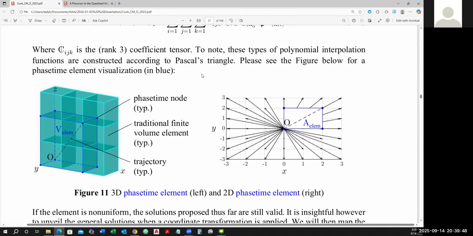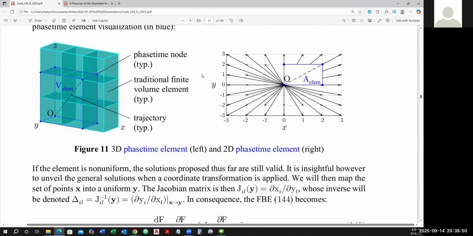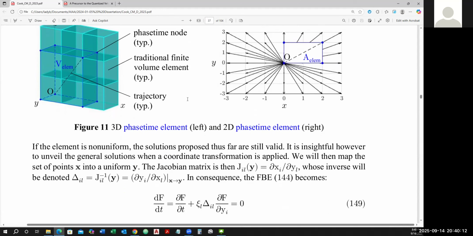This is an example of a 2D element. In 2D we would have line elements and quadrilateral elements. In 3D, we'd have 1D, 2D, and 3D elements within a single phase time element.